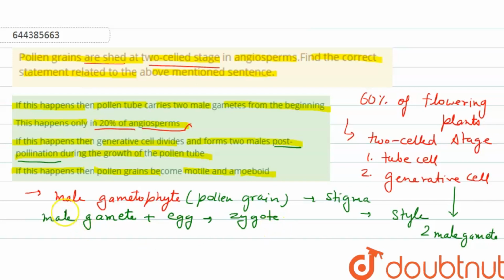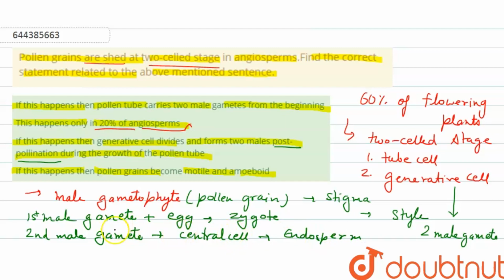And the second male gamete fuses with the central cell to form the endosperm, and this is known as the triple fusion, because male gamete is haploid and central cell is diploid here to give rise to the triploid endosperm, right? So here, two sets of fertilization occur in the same embryo sac, that is referred to as the double fertilization.